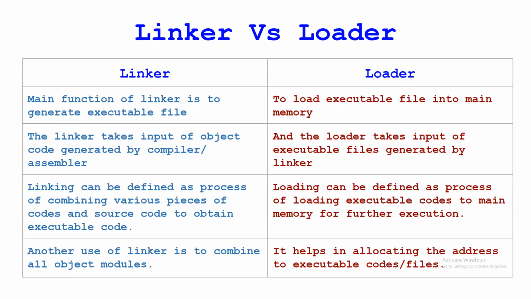In the loader, loading can be defined as a process of loading executable code into main memory for further execution. Last, another use of the linker is to combine all object files, and here it helps in allocating the address to the executable code. So these are the four differences between the linker and loader.